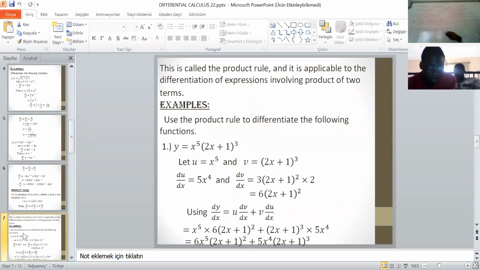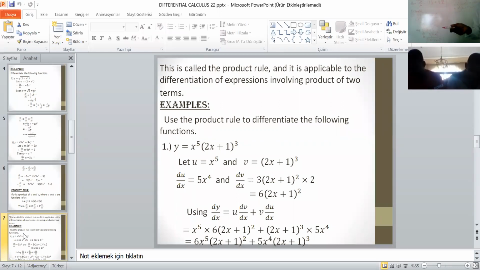The first example, y is equal to x raised to the power 5, then brackets open 2x plus 1, all raised to the power 3. It means x to the power 5 is being multiplied by this second bracket, which is 2x plus 1 raised to the power 3. Then make any of them u, and then definitely the other one becomes v. So I started with the first term.